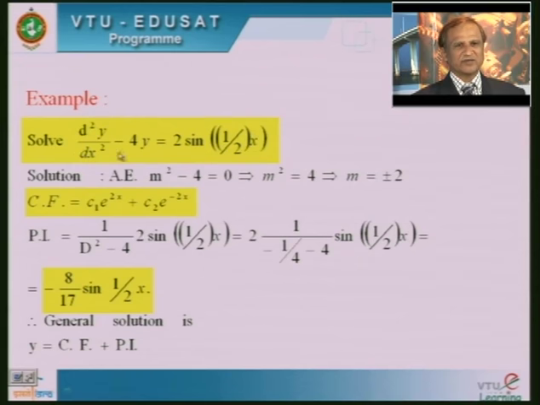Clearly, the given equation is a non-homogeneous equation. The right hand side member is not equal to 0, and it is of the type sin of ax plus b or sin of ax. Then I want to use a particular method to obtain a particular integral.